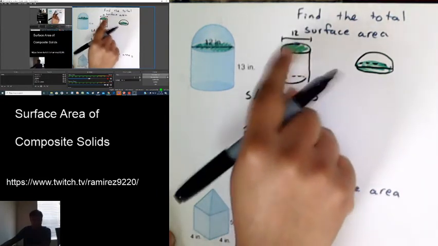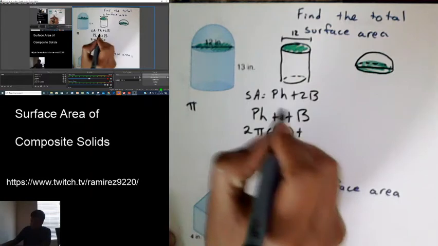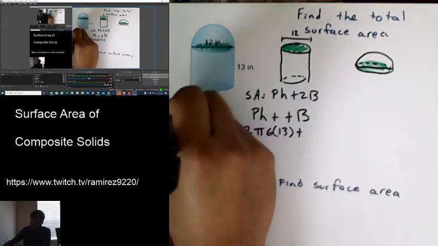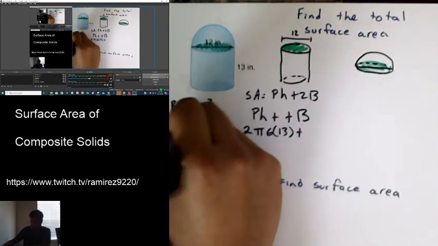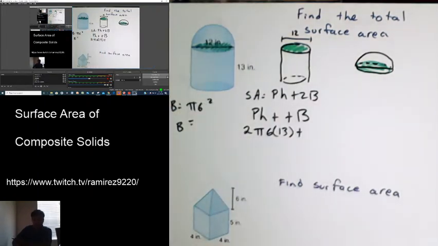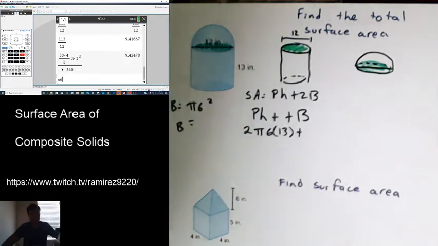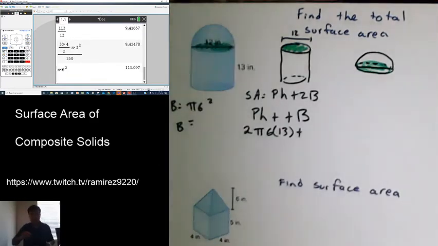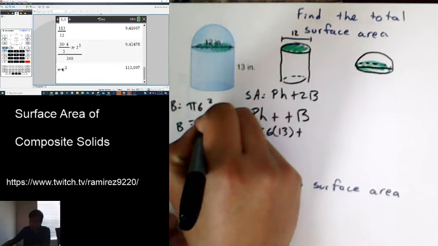And in a cylinder it's a circular base, so to get B it's pi r squared, so pi times 6 squared. So big B, the area of the base, is 113 basically.